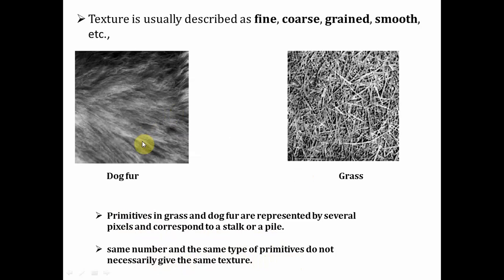So the elements of a texture that you are using for the dog fur and the grass are the same, but they are not providing the same kind of texture if you compare the texture of dog fur and grass. And texture is usually described as fine texture, coarse texture, grained, smooth, etc.